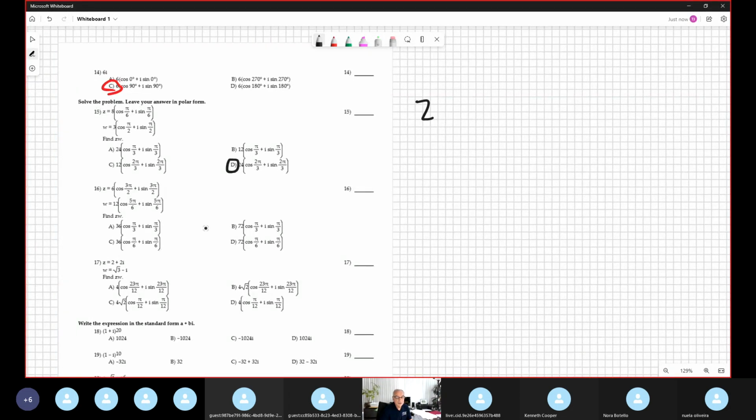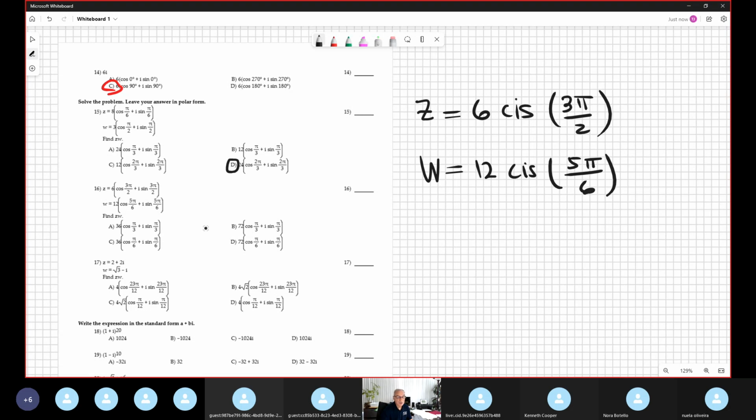Okay, 16. The complex number c is 6 (cosine + i sine) with theta 3 pi over 2, and w is 12 (cosine + i sine) with 5 pi over 6.